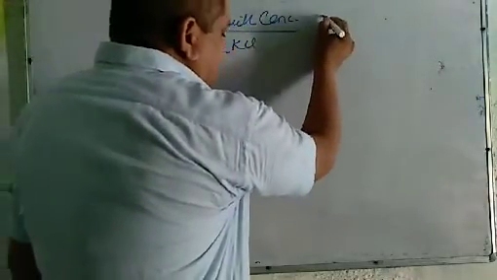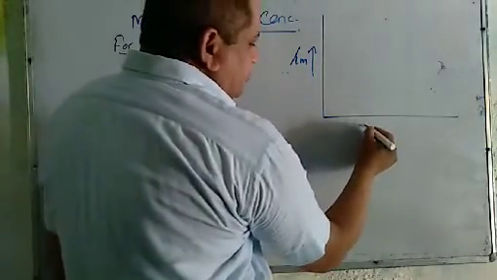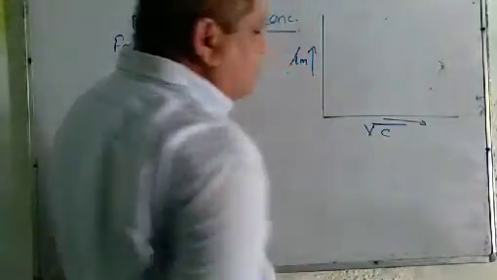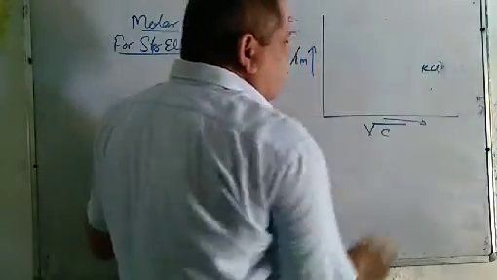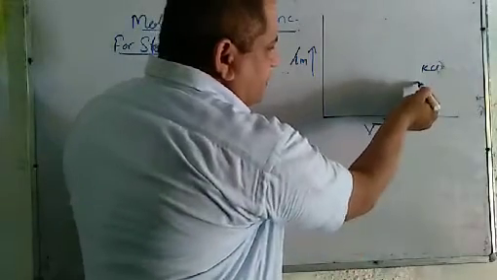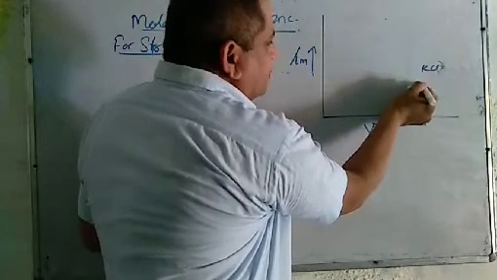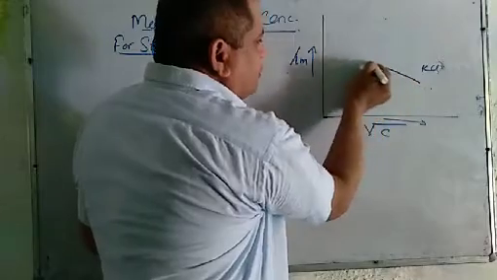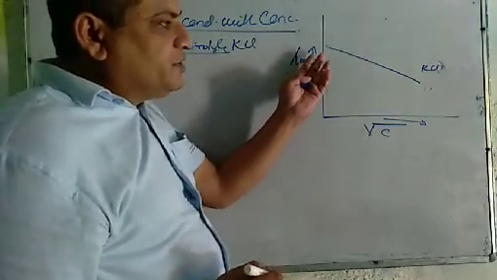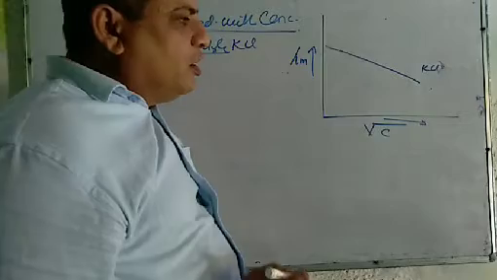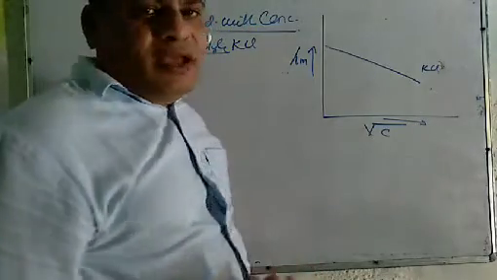If we understand it through a graph plotted between lambda m and square root of concentration of the electrolytic solution, and we take the example of KCl, strong electrolyte, as we decrease the concentration or increase the dilution, we observe that its molar conductivity continuously increases, and as the concentration approaches to zero or dilution is infinity, its molar conductivity is maximum.